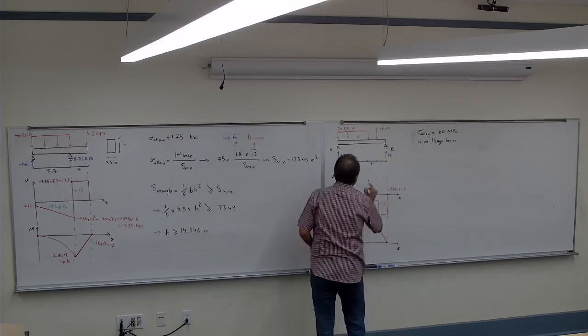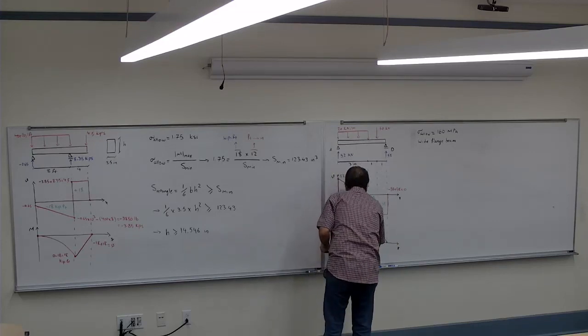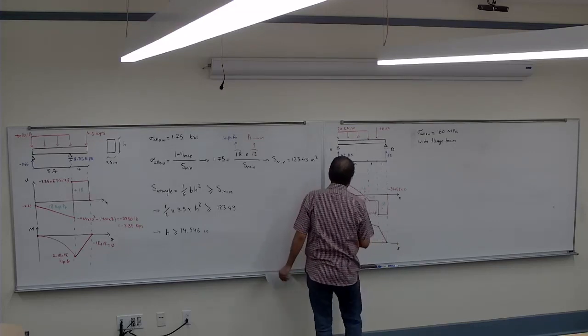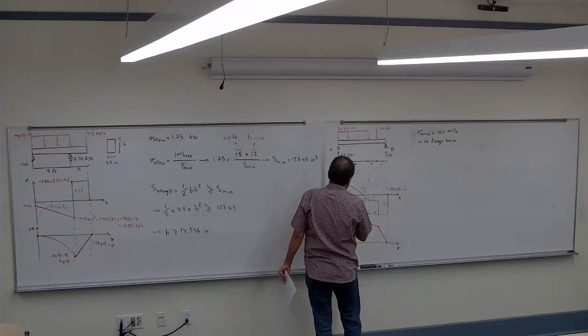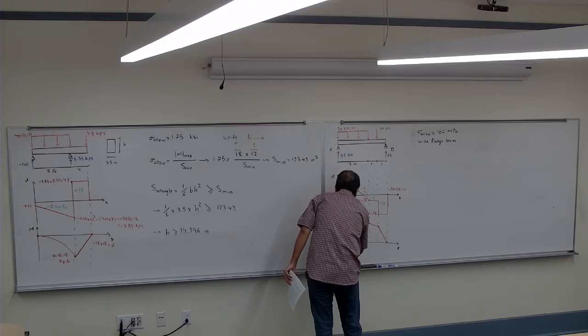So I know that it's going to be 0 at the beginning and 0 at the end. And this point is going to be 0 plus 67.6, which is 67.6.